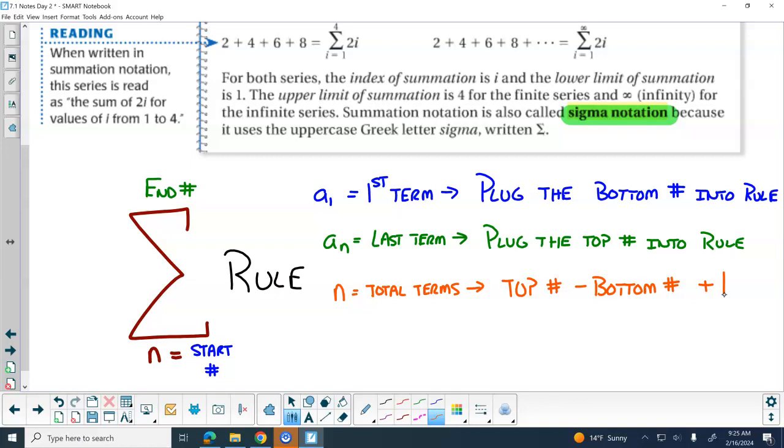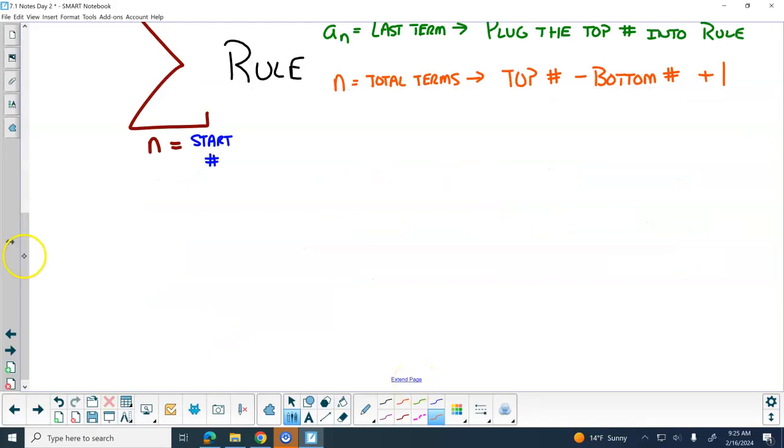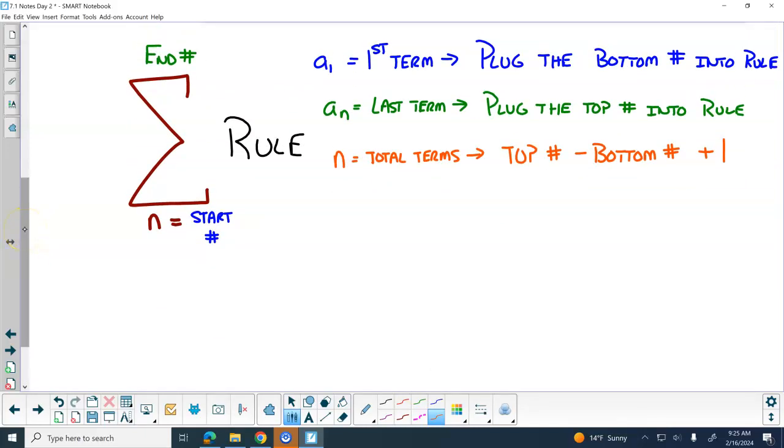Now, why we have to do all of that in sigma notation is because of this next part that I'm going to tell you. The sum of the first n terms in an arithmetic sequence, and sigma means sum. Okay? So it's not only are you looking for the words find the sum of the series. If you see sigma, that's automatically sum.